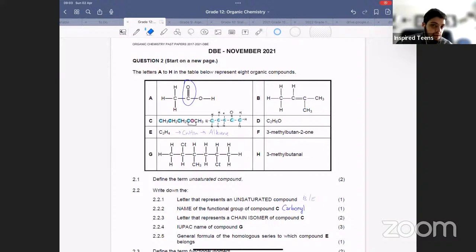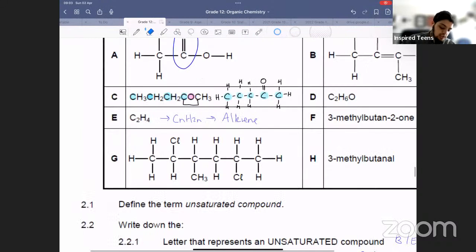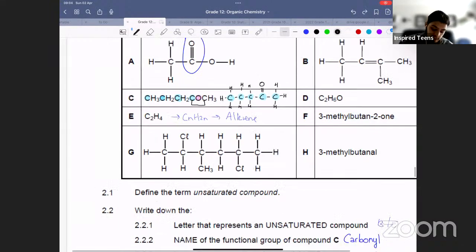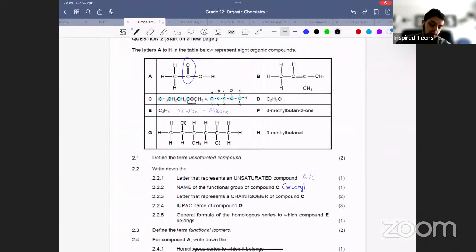Why is E a correct option? E is a correct option because it is the general formula for an alkene, which is CnH2n. So that's where we get C2H4 from. Yes, it's an alkene, which has a double bond, which is also an unsaturated compound.